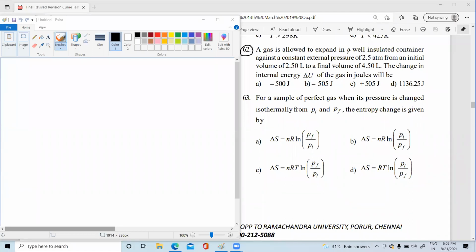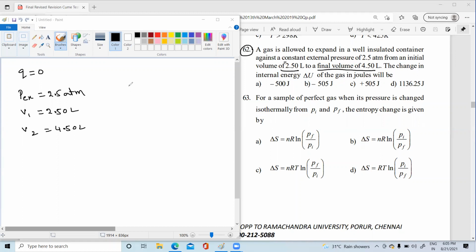A gas is allowed to expand in an insulated container. Insulated container means Q is constant here. It expands against constant external pressure, P external is 2.5 atm, and initial volume V1 is 2.50 liter. Final volume is 4.50 liter. And they're asking for the change in internal energy, students.